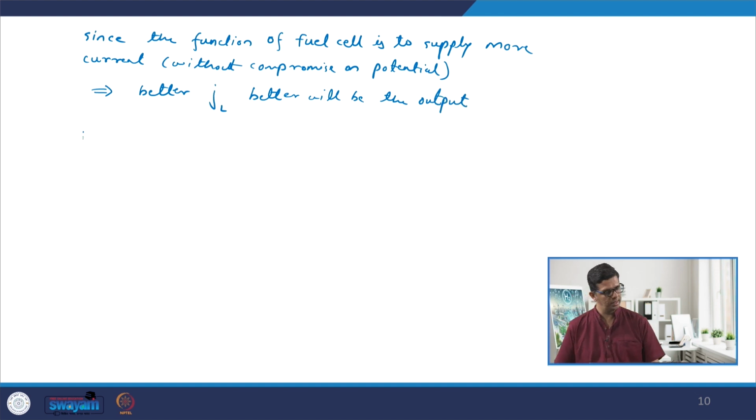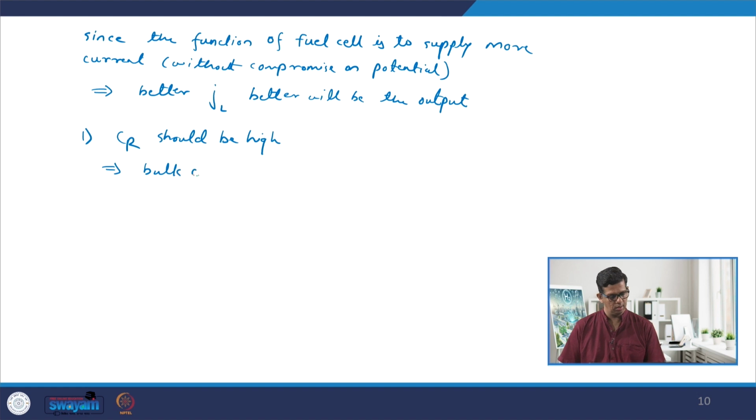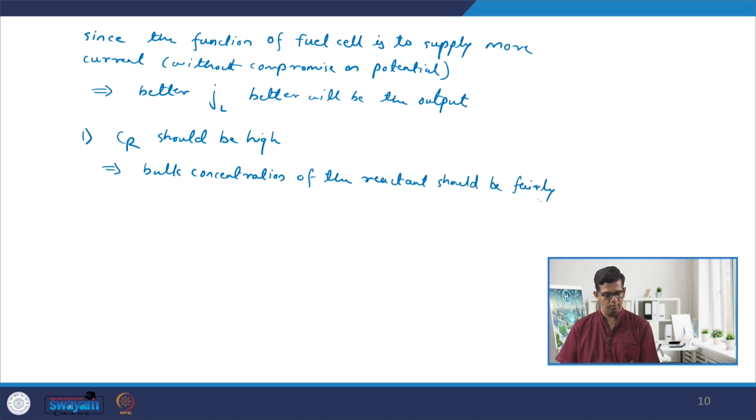And how can we achieve this? The surface bulk concentration should be high. So, how can we do this? The bulk concentration of the reactant should be fairly good or fairly large.